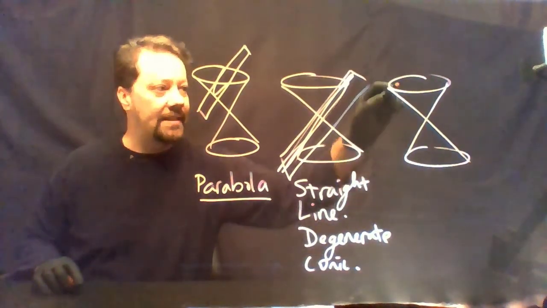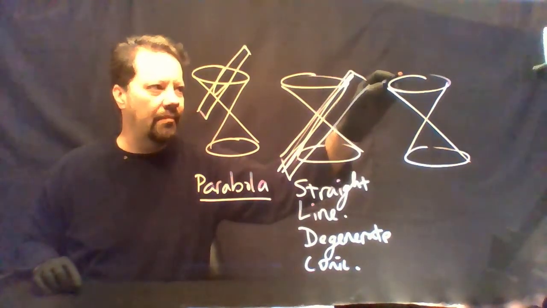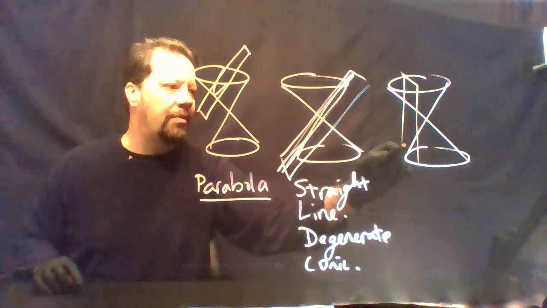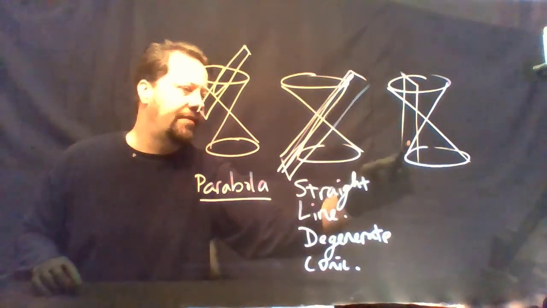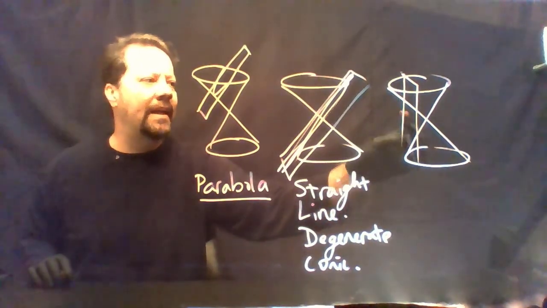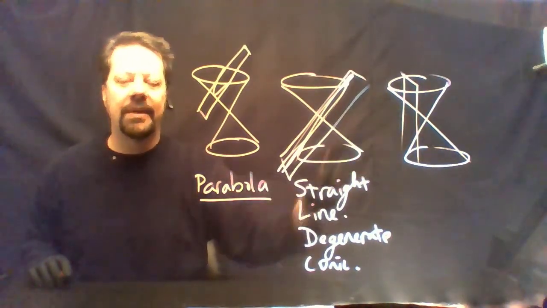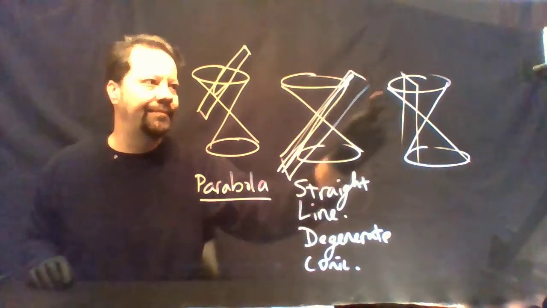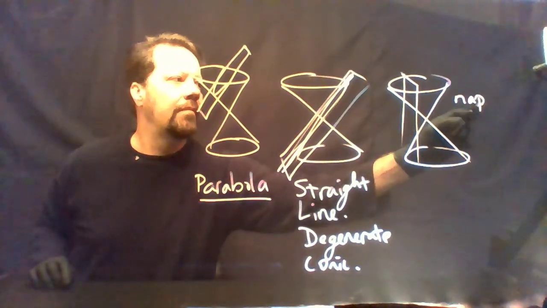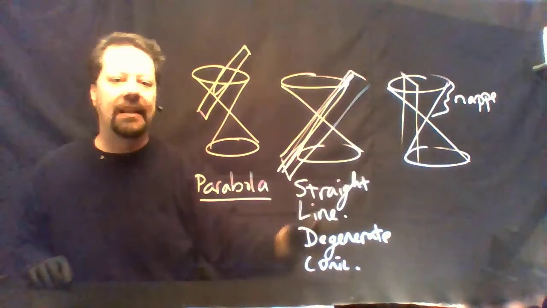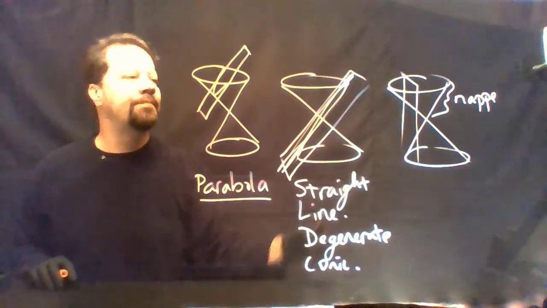If you cut it at a steeper angle, intersecting both ends of the cone. By the way, the upper part of the cone is referred to as the upper nappe, and then we have the lower nappe as well.